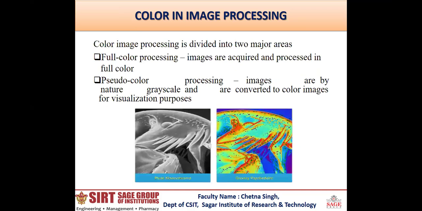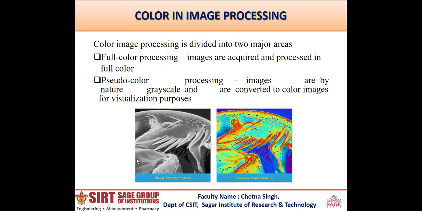Color image processing is divided into two major areas. First is full color processing, where images are acquired and processed in full color, just like 16 million colors. Pseudo color processing: images are grayscale by nature and converted to a color image for visualization purposes.